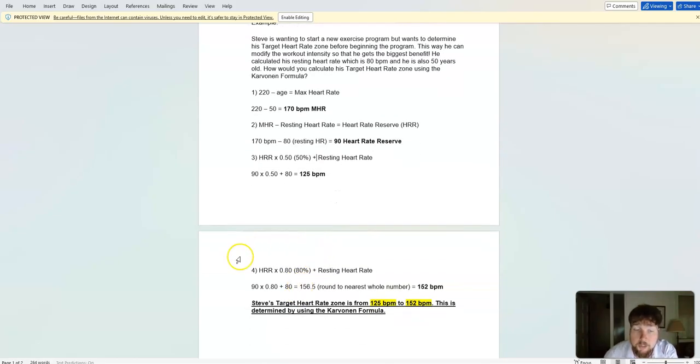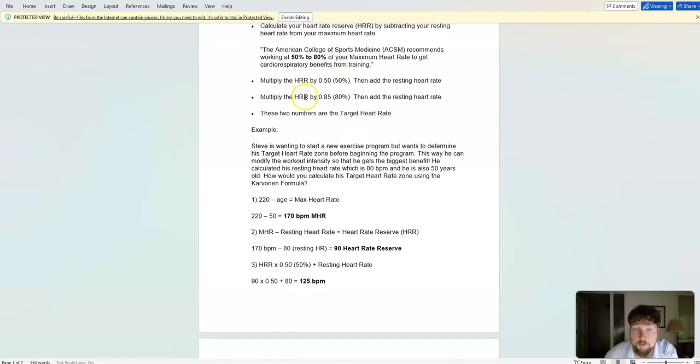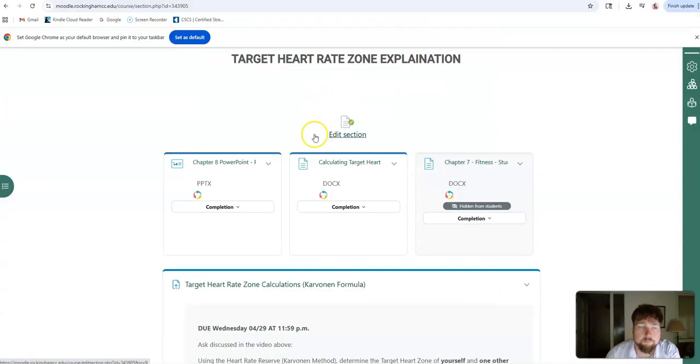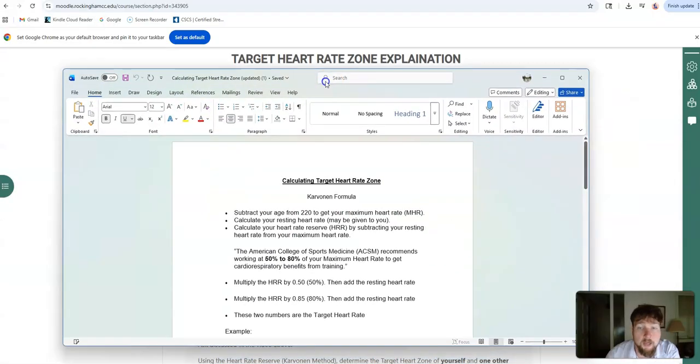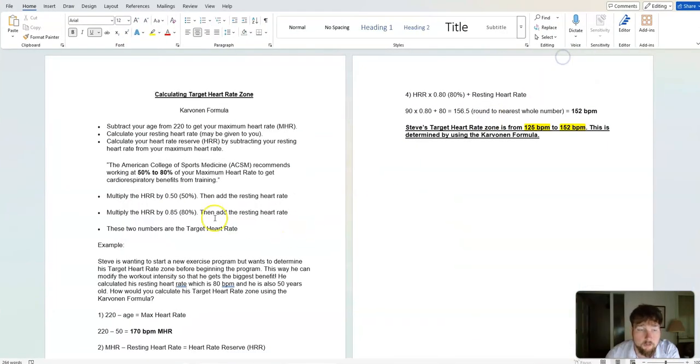And then you do the same thing, but instead of multiplying by 0.5, you multiply by 0.8 for the 80%. Okay, let me change it. It should be 80%, not 85.